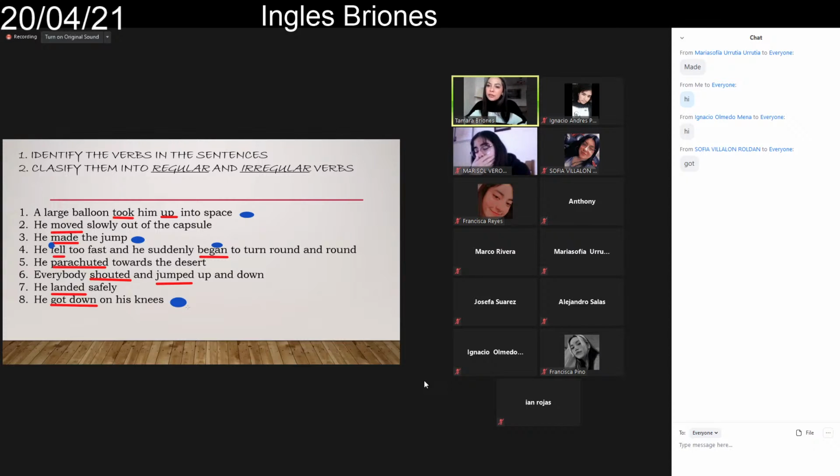But with regular verbs, we think, okay, it's easy because they all finish in ed. But in this one, for example, number 2 is moved. Number 5 is parachuted. And then I have jumped and landed.